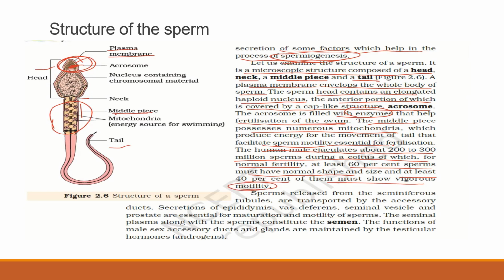So a huge number of sperms are produced, but does each and every sperm get fertilized? No, only one will get fertilized, because it depends on the normal fertility, the shape and size of the sperms, the vigorous motility of the sperms, and many other factors as well.